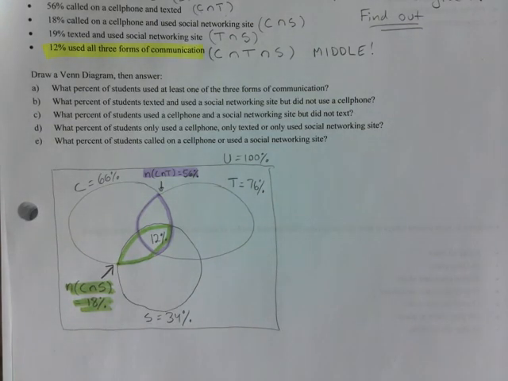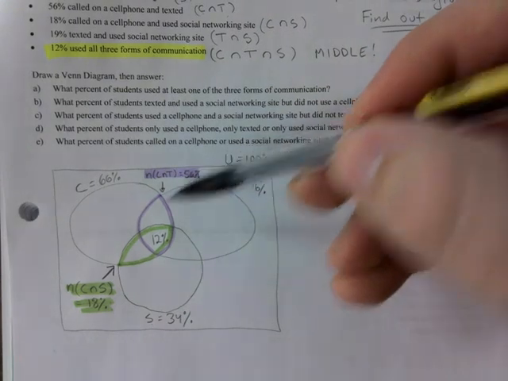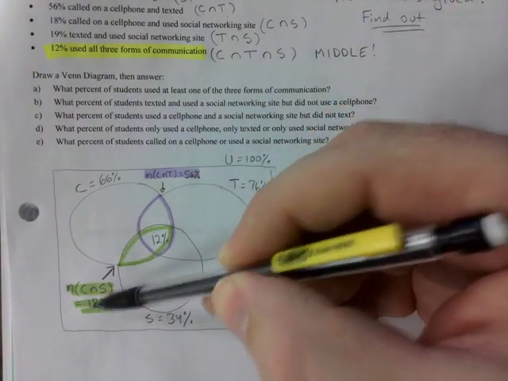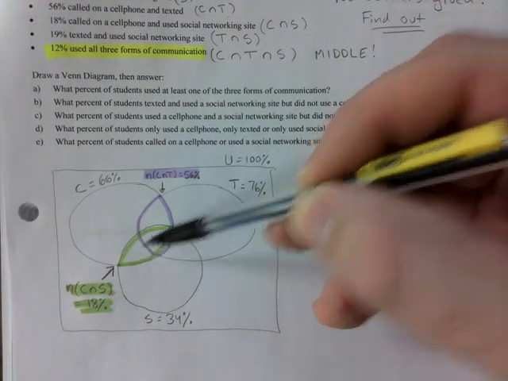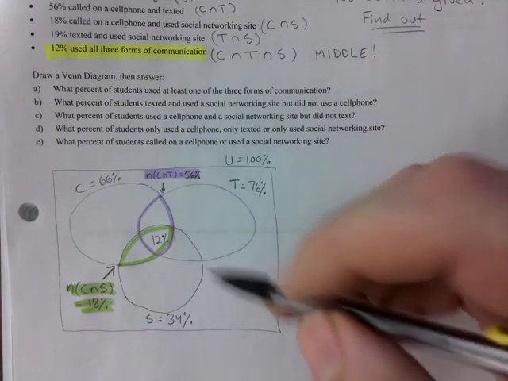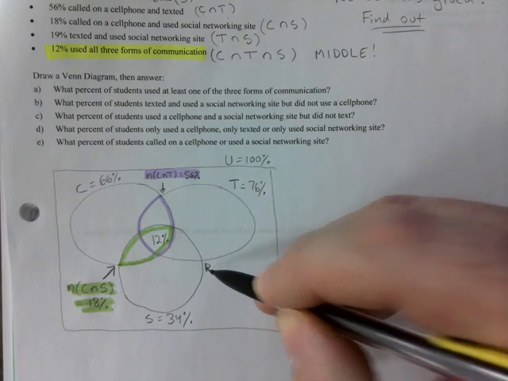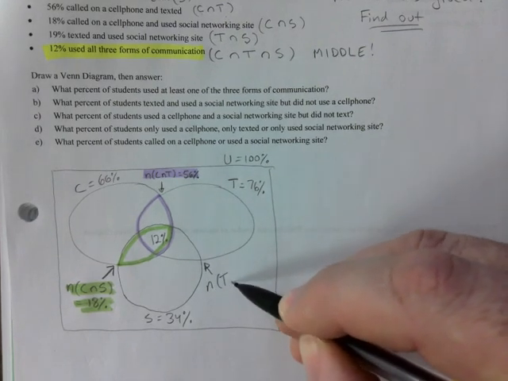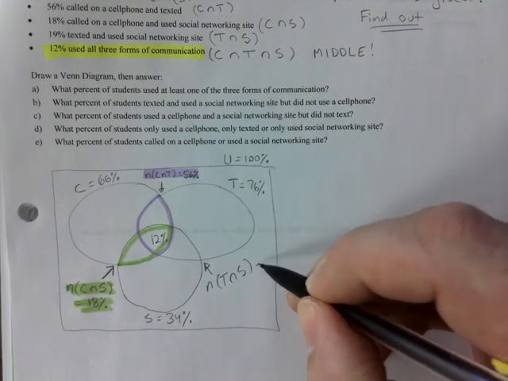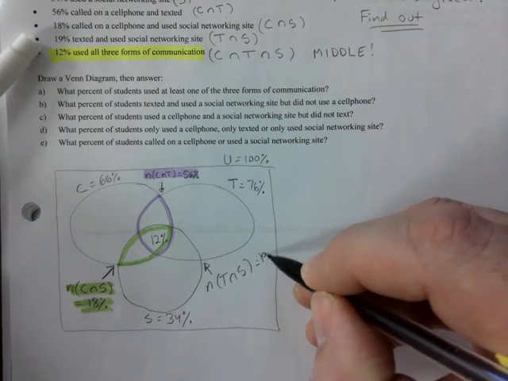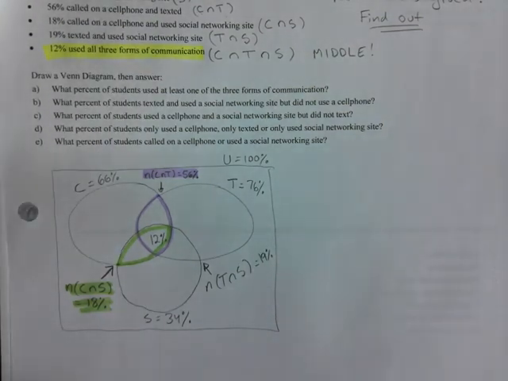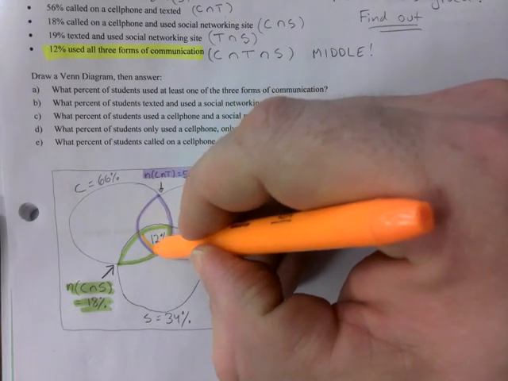But a lot of students want to put the 56 in here, or 18 in there. That's not correct. So we're going to leave it outside for now. Then the last one is here, T and S. This is n of T and S. And we're told that's 19%. I'm going to go orange. The whole thing here.